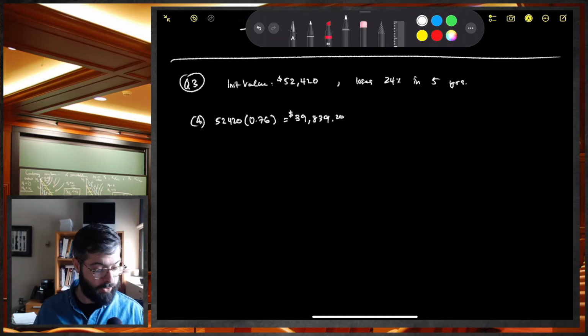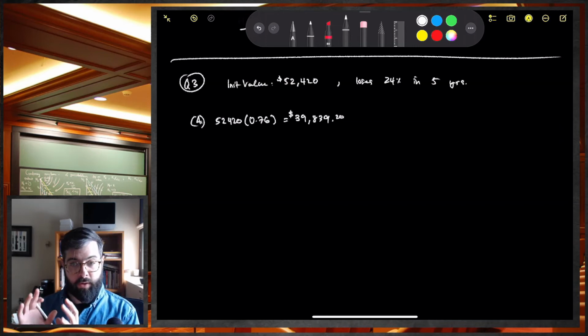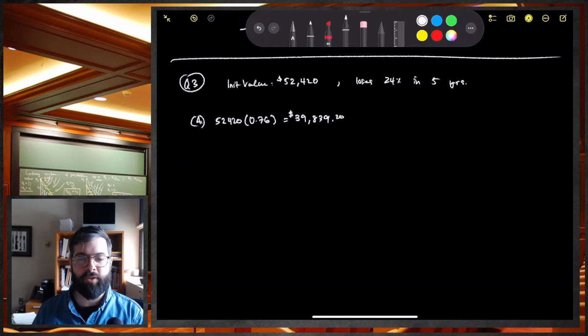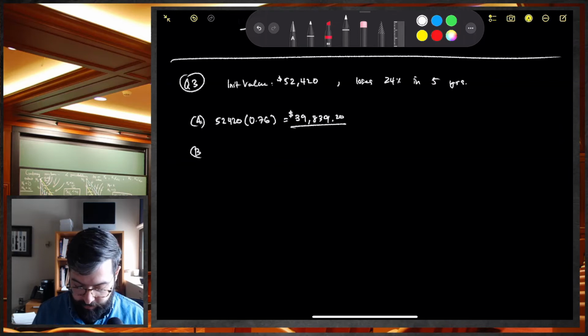Yeah, so this is the value, going from 52,420, losing 24% over the 5 years total, and this is the resulting value after those 5 years. So for B, it's saying, assume this depreciation is exponential. Find a formula for the value of the car when it is t years old. So you're looking for annual change. So here's where you need to find the annual percent rate of change.